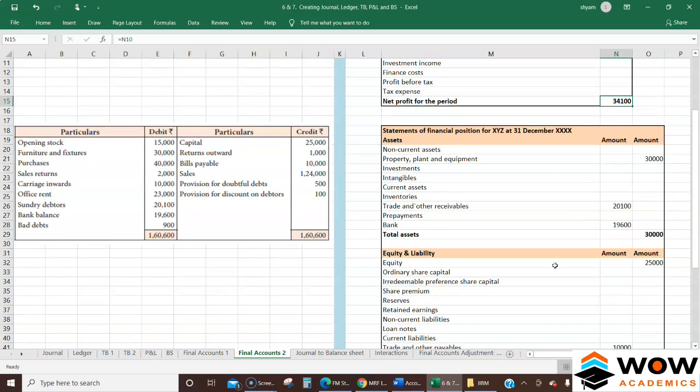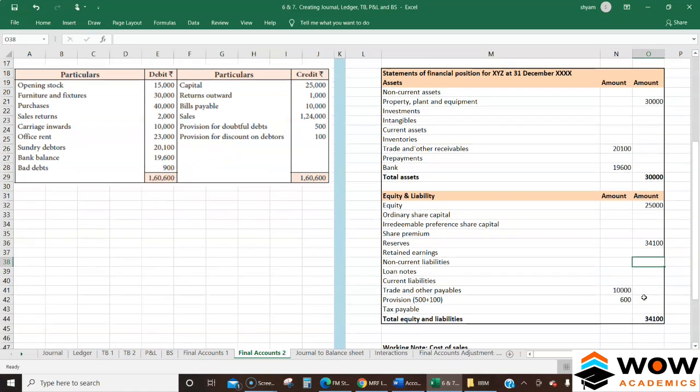3,400 has to be added to reserves. So we could directly put that number here. So we can now close our accounts. 39,700 is the current assets, and 10,600 is our current liabilities.